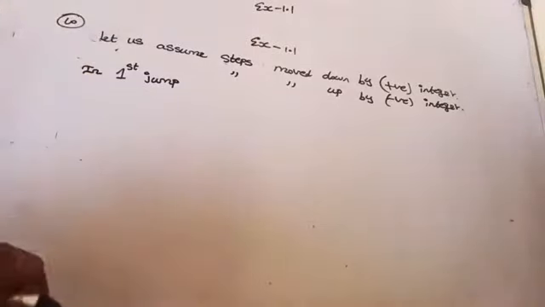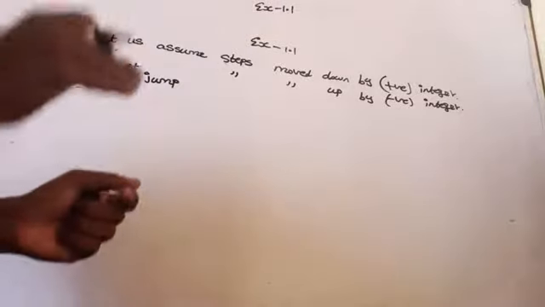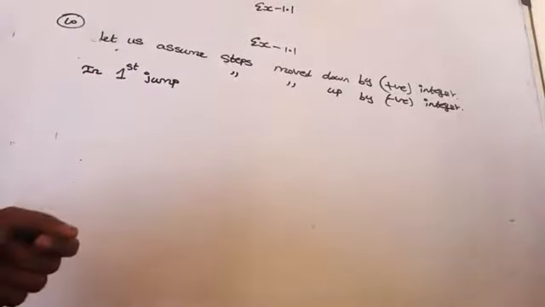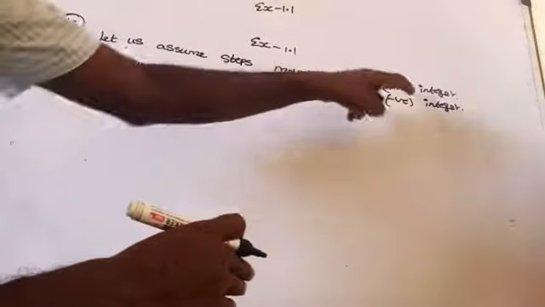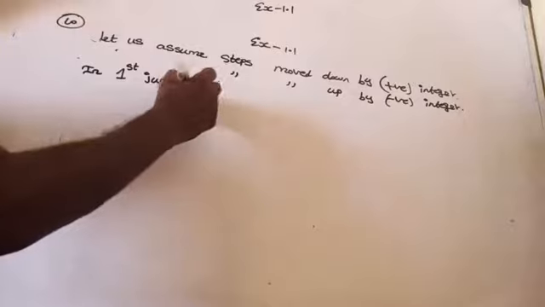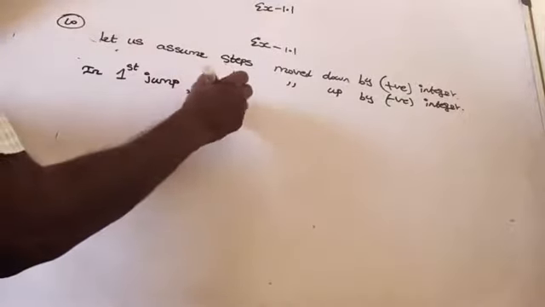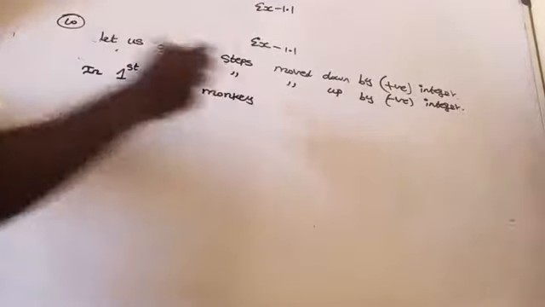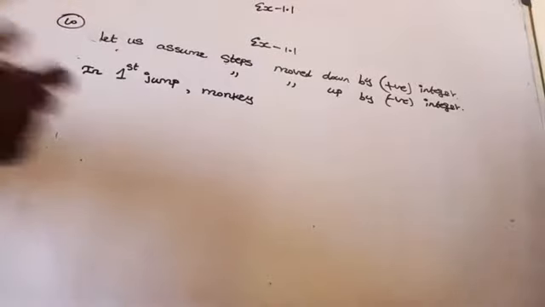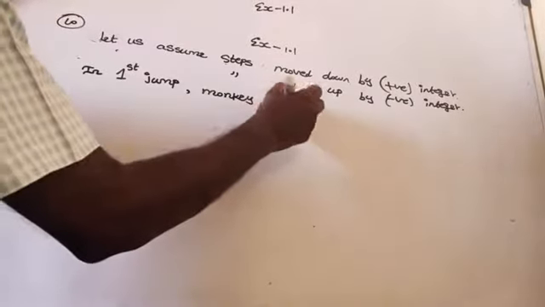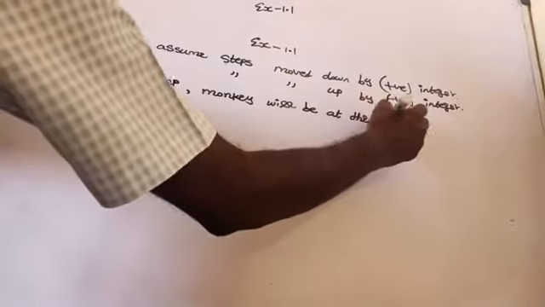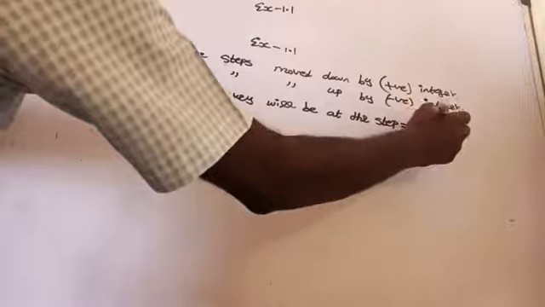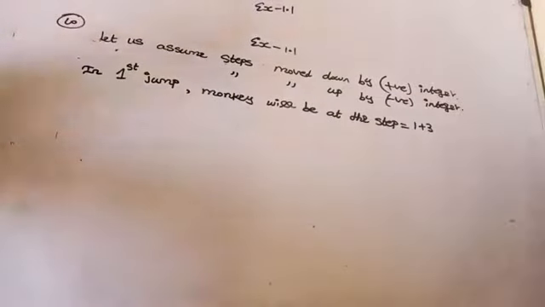So in the first jump, the monkey starts from the first step and moves down 3 steps. Moving down is represented by a positive integer. So in the first jump, the monkey will be at the step 1 plus 3, that is the 4th step.